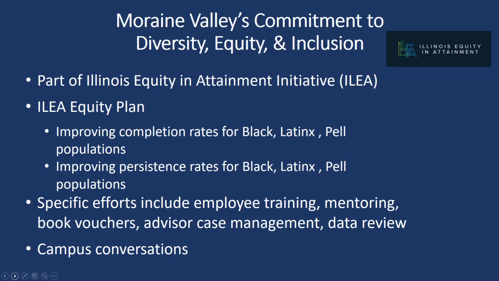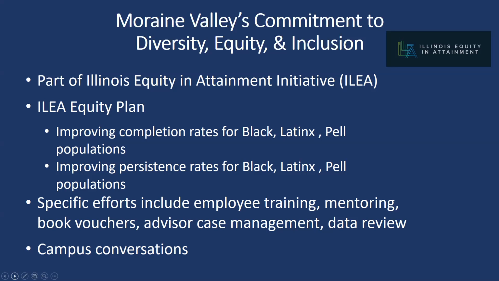Essentially, each institution that's a part of this submits an equity plan and, at a very high level, commits to improving completion rates and persistence rates for their Black students, Latino and Latina students, and low-income students. So at a very high level, that's what the plan is aiming to do.